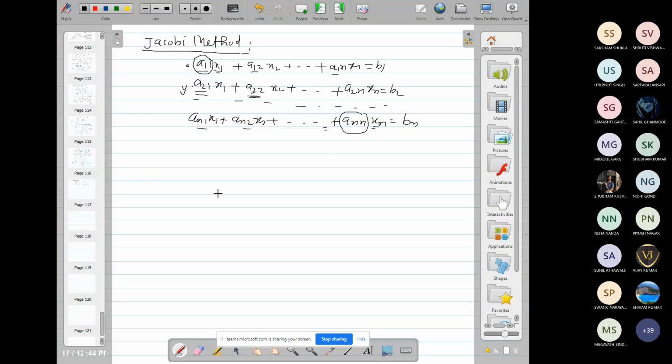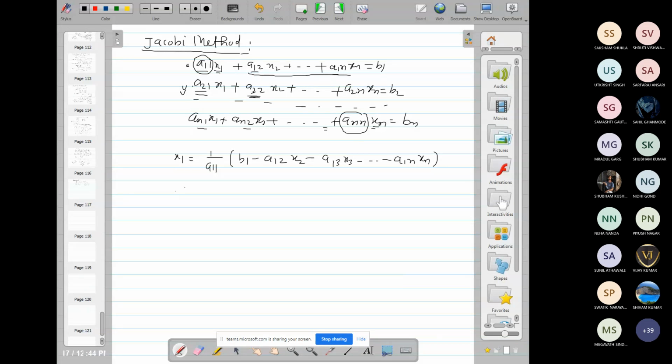Then we can write this system of equations as: x1 from the first equation is 1 upon a11 times b1 minus a12 x2 minus a13 x3 and so on minus a1n xn. What we did is transfer these terms to the right hand side and then divide by a11.